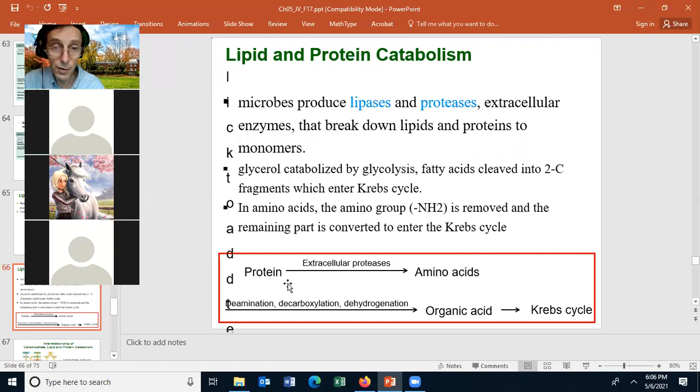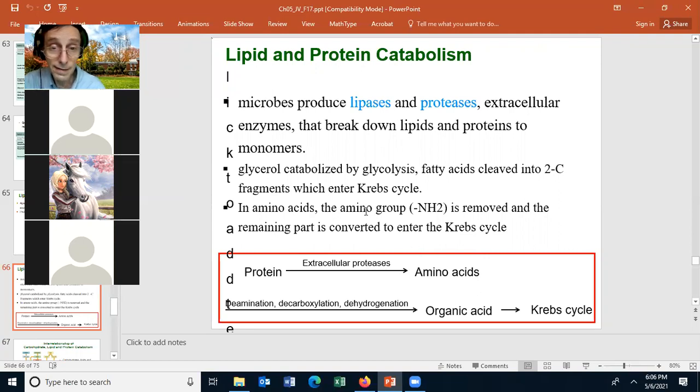So the protein will be digested by extracellular proteases in both microbes and in your cells to make amino acids, and then the amino acids can be transported across the cell membrane, and then the cell can digest them.